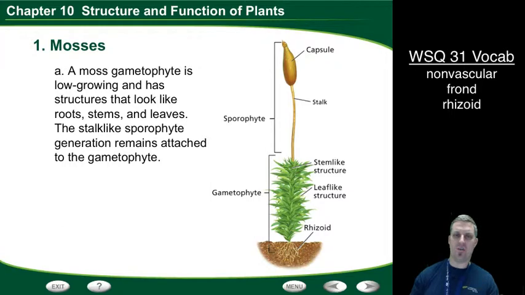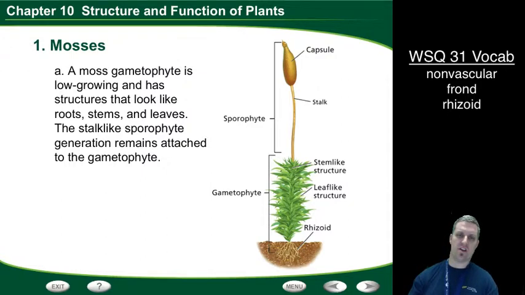Mosses are a gametophyte. The moss gametophyte is just a low-growing plant. It has structures that look like roots, structures that look like stems, and structures that look like leaves, but they're not true leaves. They're single-celled instead of the multi-celled structure that you get with true vascular tissue that can carry water through large distances and spaces.